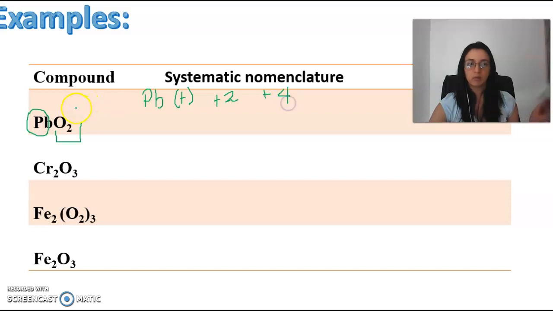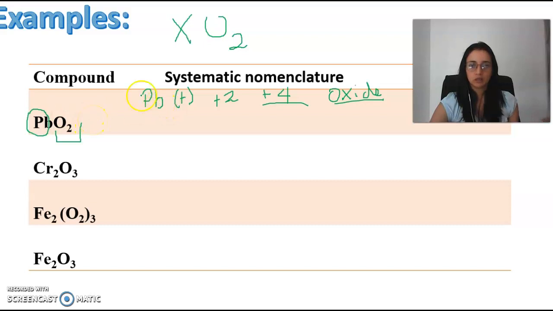So if you remember, the rule in peroxides is if I have a compound with this general formula of element O2, as this is the case, and it turns out that the element has oxidation state +4, this compound is going to be an oxide. Okay, so this compound is an oxide.